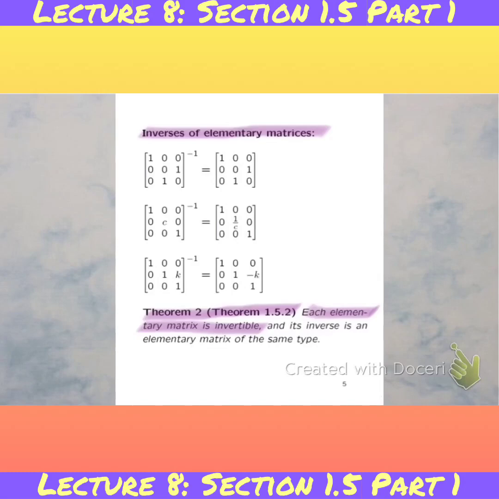And then lastly, if you take a multiple of one row and add it to the other, the inverse of that is just going to be the negative of the scalar multiple, which is that part there. Okay, so each elementary matrix is definitely invertible, and the inverse is an elementary matrix of the same type. That's pretty easy to see.